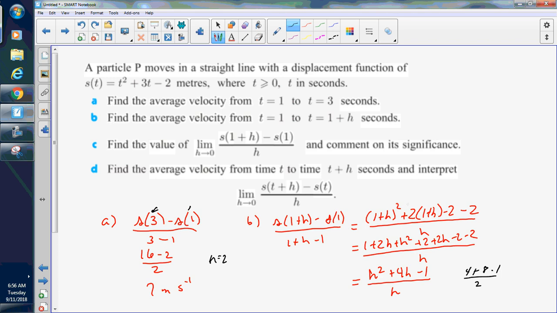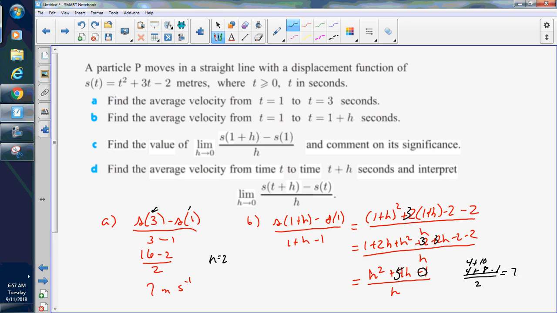Oh, this is a 3. Hopefully you caught that before me. So that's going to be 3 plus 3h. So it's going to be h squared plus 5h. And then we have 3 minus 3, so we're going to have 0 here. And so that's going to give us 4 plus 10, so 14 over 2 is 7 again.